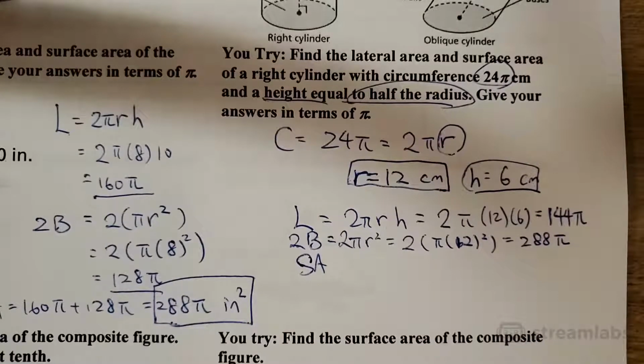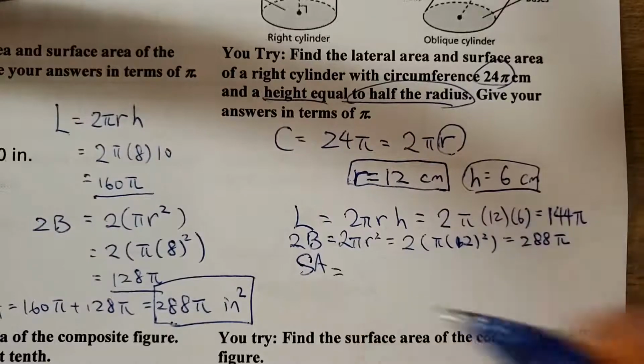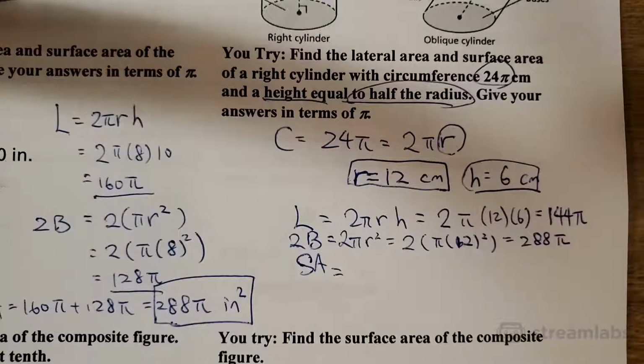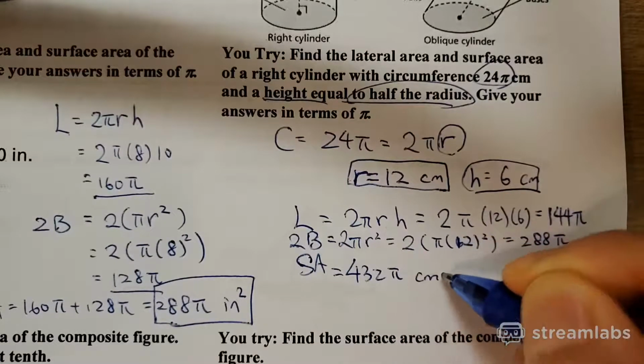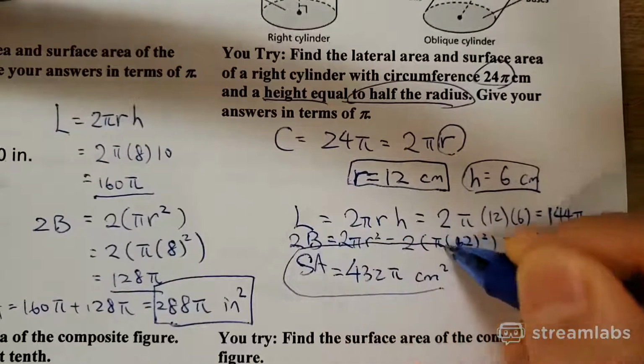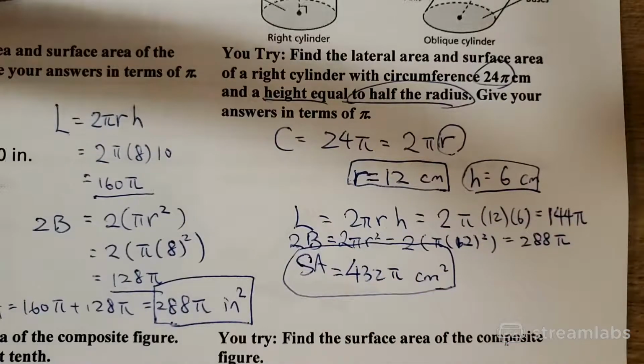Is that right? So you add them up. Surface area should be 144 plus 288, which is 432 pi in centimeters squared. Is that right? Do you get that answer?